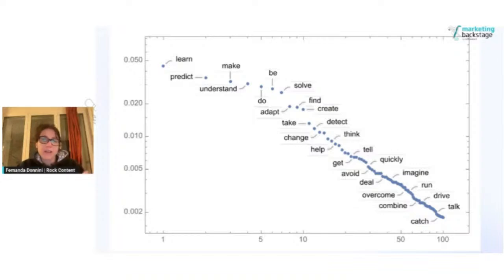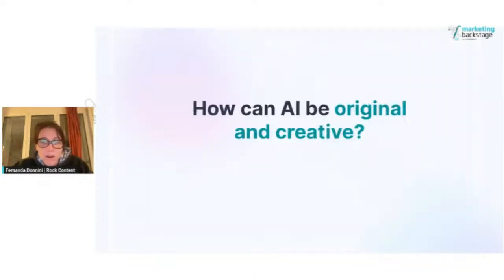It will really reflect the commonalities between many texts, but it won't be able to offer anything really new. And then that's the question: can AI be original and creative? Well, there's a lot of discussion around that. Some people say yes, but it's yes and no, because AI can create original content that is not a copy in the exact sense of the word.